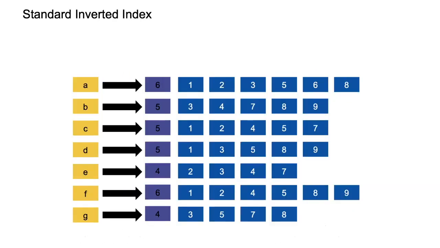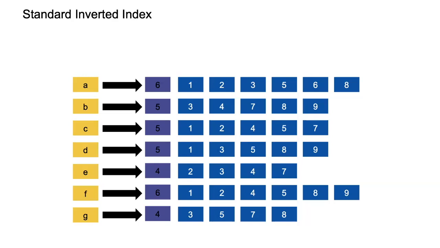We saw that in order to do this efficiently, we build a standard inverted index. It's called inverted because you have the terms and not the documents on the rows. Every term is associated with the list of all the documents that contain it. Every little blue square is called a posting, and a posting is actually a pair made of a document and a term.